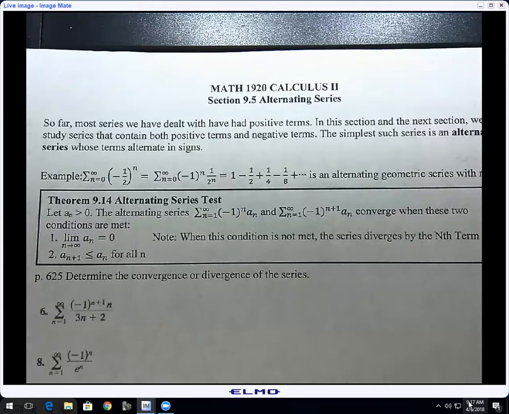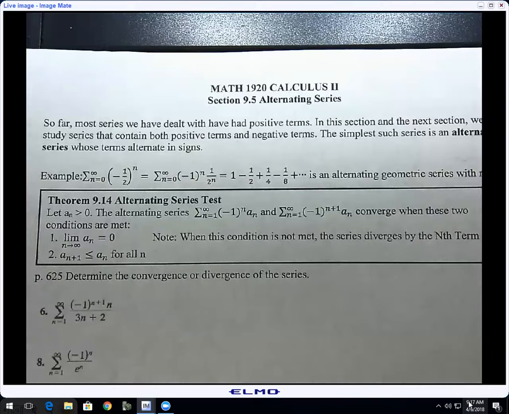When those two conditions are met, this still doesn't tell you anything about whether a sub n converges or diverges, but it does tell you the alternating series converges.